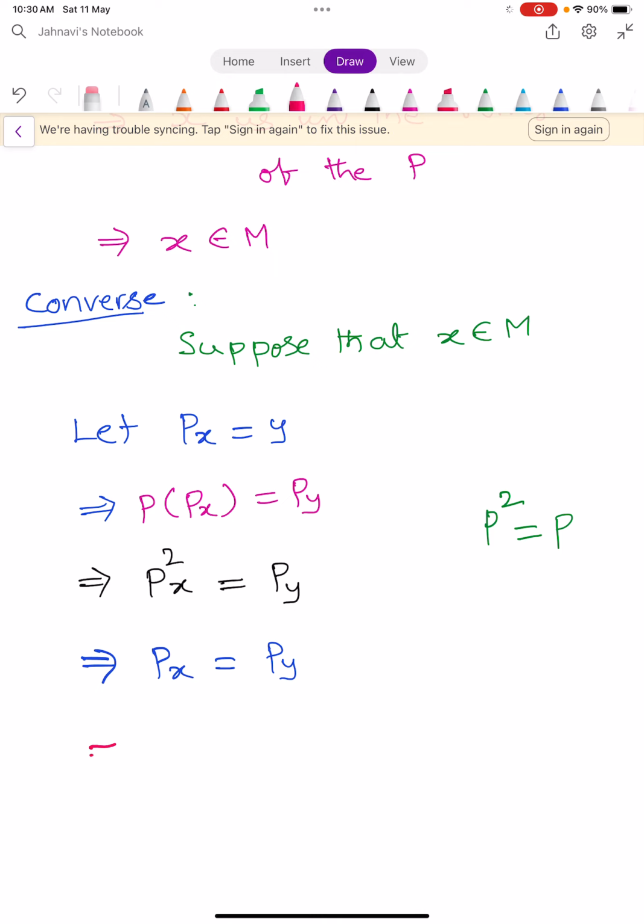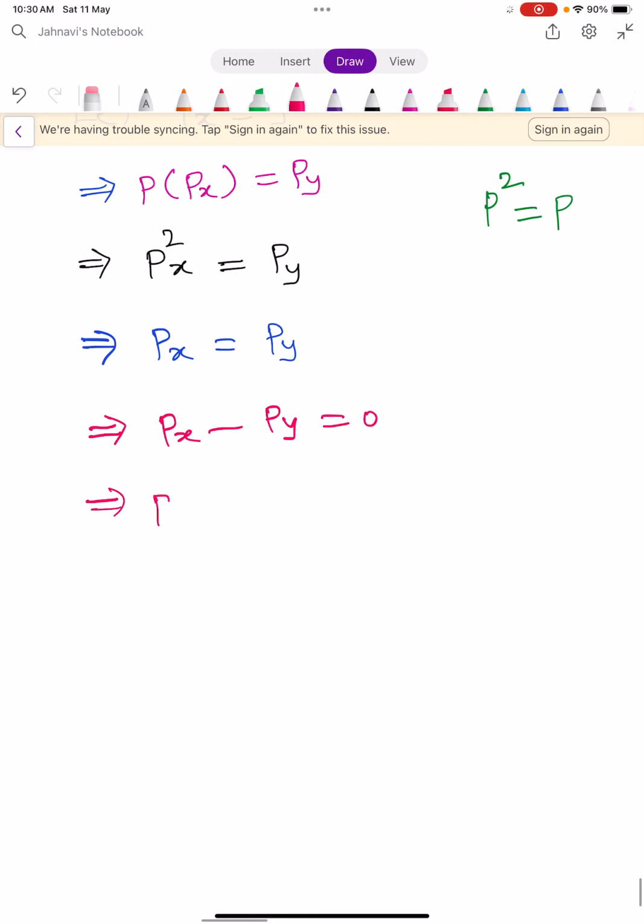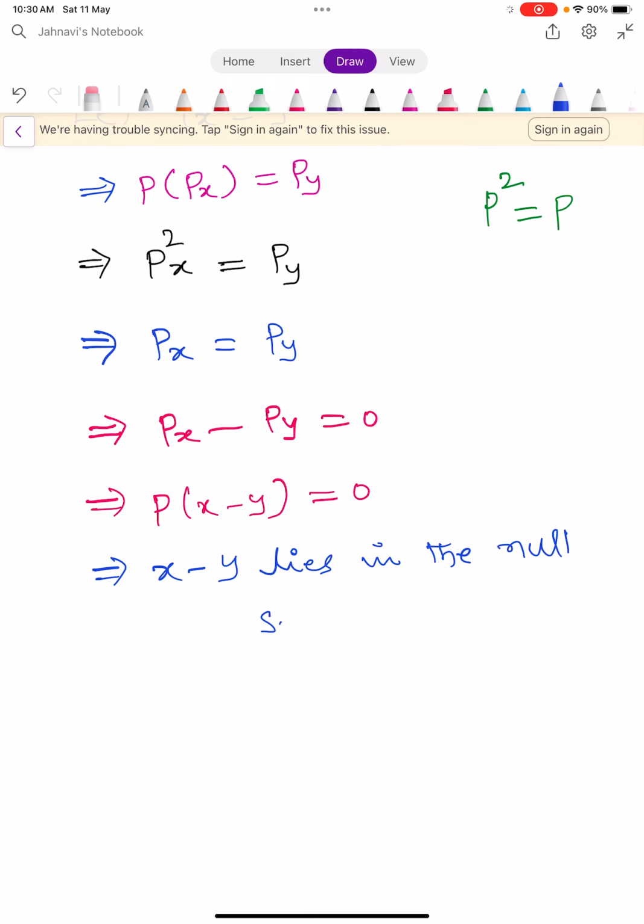Again, which implies Px minus Py is equal to 0, which implies P into x minus y is equal to 0. P into x minus y is equal to 0 means the element x minus y lies in the null space of capital P. X minus y lies in the null space of capital P means x minus y belongs to M orthogonal.